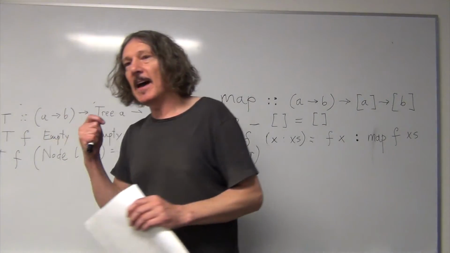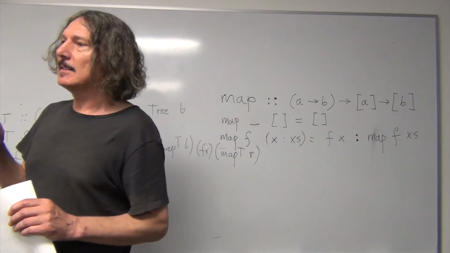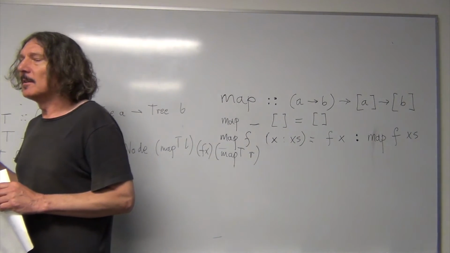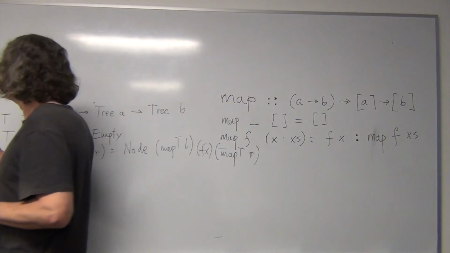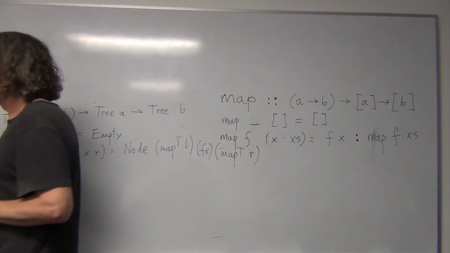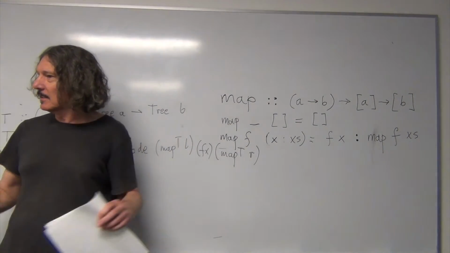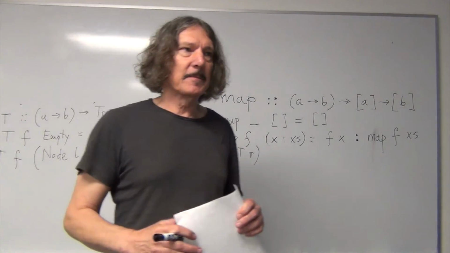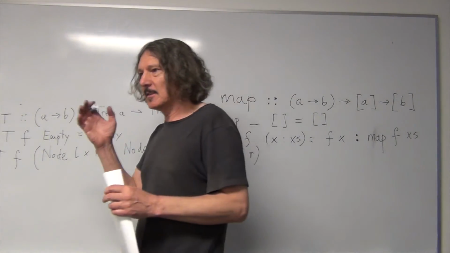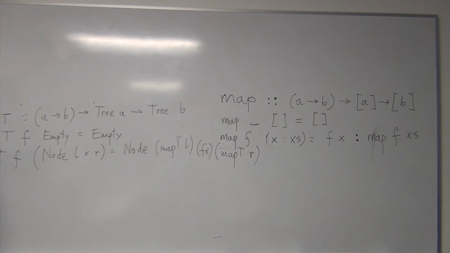So this fact means that a functor must be a type constructor. It's just a way of constructing a type from any type of contents. So that's the first part of a functor, a type constructor. That has to be polymorphic.